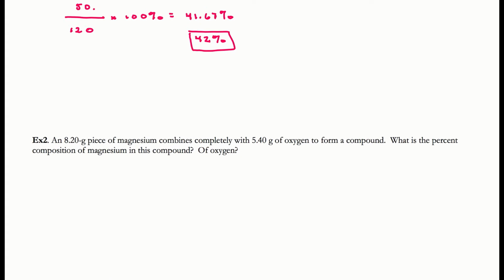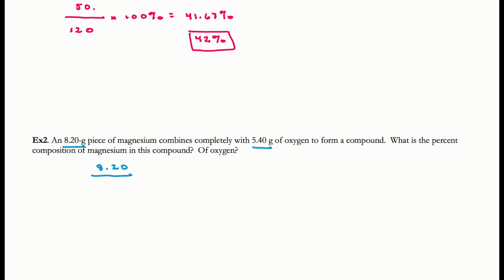For a chemistry example that uses mass instead of weight, I have an 8.20 gram piece of magnesium, and it combines with a 5.40 gram mass of oxygen, and it forms a compound. I want to know the percent composition of magnesium in that compound. Just like above, where I took the weight of water and divided by the total, now I'm going to take the mass of magnesium, 8.20, and divide by the total mass.